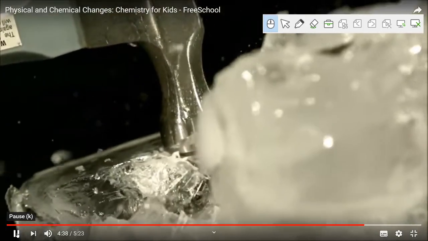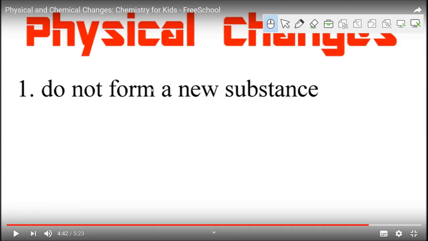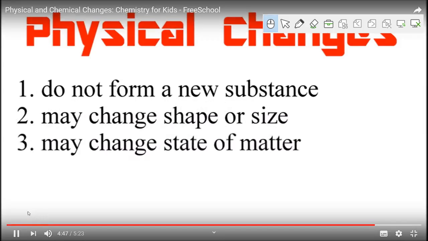Physical changes do not form a new substance. Matter stays matter. A physical change may change the shape or size of an object. It may change the state of a substance's matter.